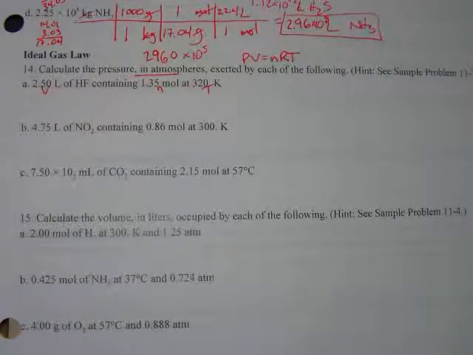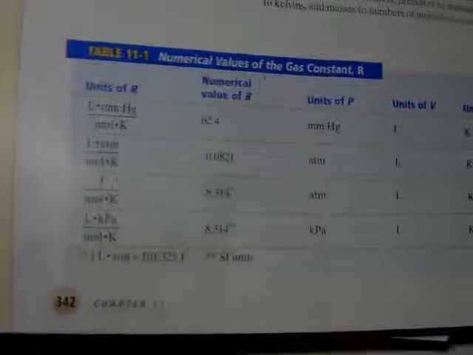However, please remember that the value that we use for R is going to depend on the units that we're using in the ideal gas equation. Now, if this is really being difficult for you, I suggest you work these problems out with your book open to this table right here.